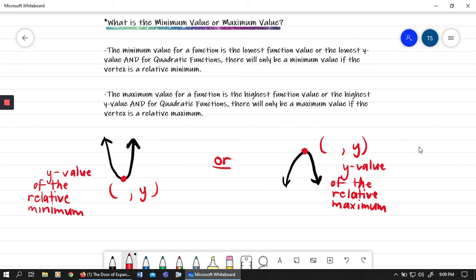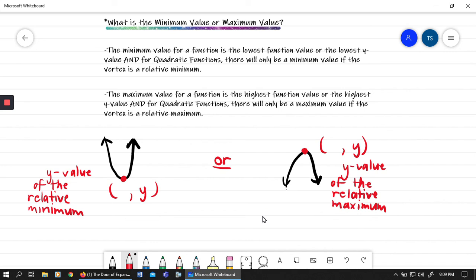And we said that the x value of the vertex technically has the same exact calculation as the axis of symmetry, but again, it's different because for the x value of the vertex, you don't have to write that as an equation. But again, for the axis of symmetry, you do need to write it as an equation, as x equals some number.